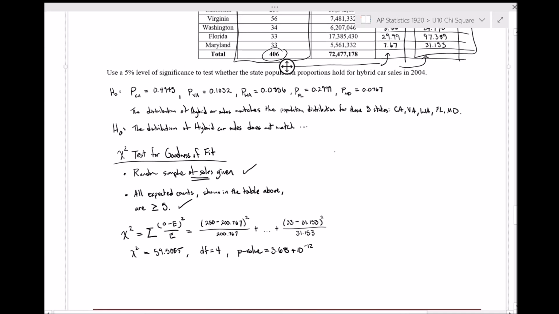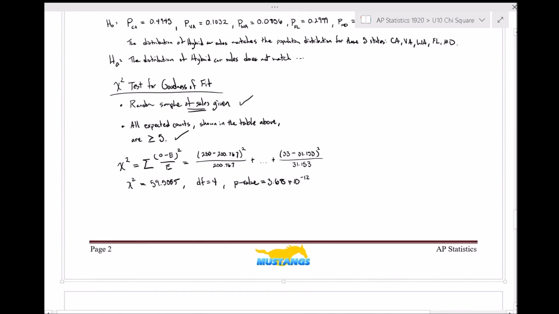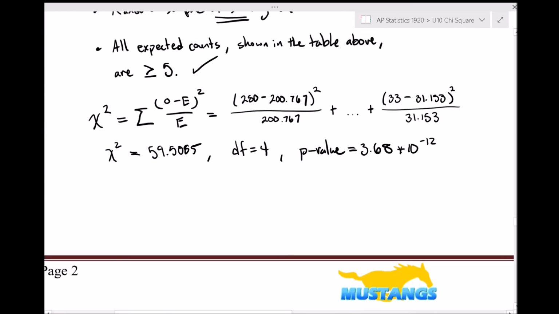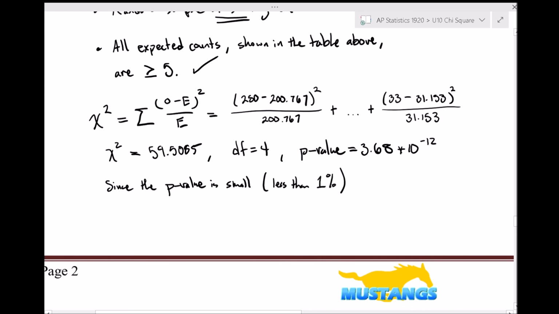The last step. I could write that down here, there's enough space down here too. So since the p-value is extremely small, less than 1%, and I've already written what the p-value is here, so I don't have to write it a second time, this is good enough for us to reject.